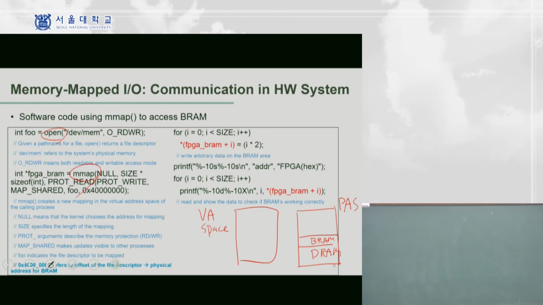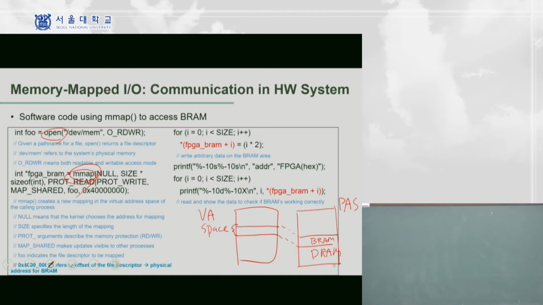What mmap does is create a mapping between these two segments. So after executing mmap, this virtual address segment is mapped to this physical address. If you access this pointer value, you actually access this location in the physical address space. That's what mmap does.